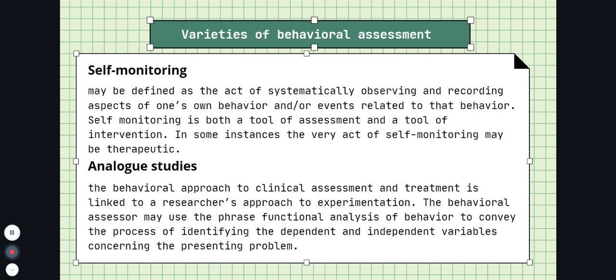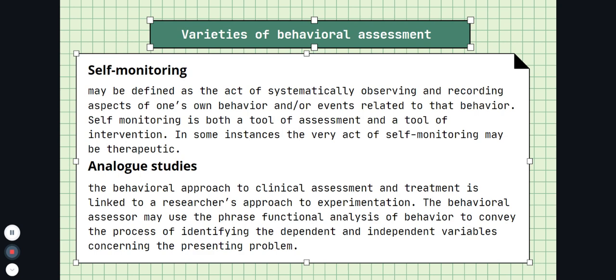Being the behavioral assessor, you can be likened to a researcher because you have the problem, which is the behavior of a person, which is the dependent variable for researchers.